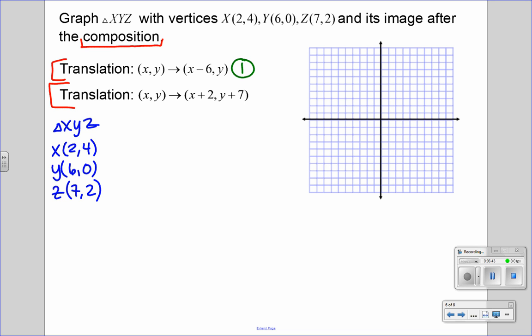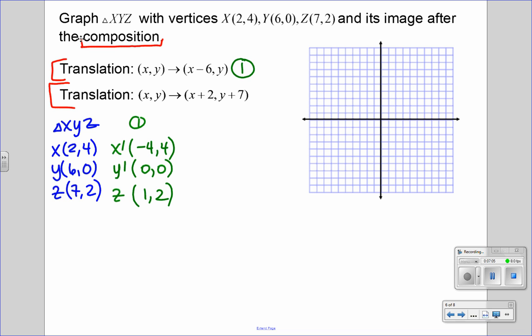We're not going to do anything to the y, we're just going to write it down. So 2 minus 6 is a negative 4, and then we keep the y, 4. 6 minus 6 is 0, and we keep the y. And 7 minus 6 is 1, and we keep the y.